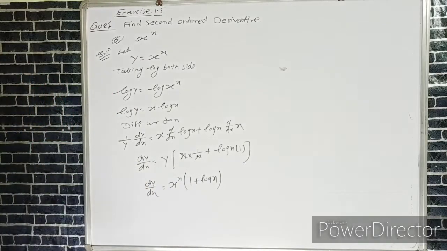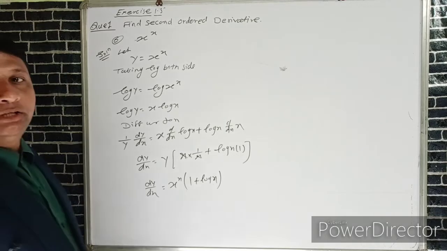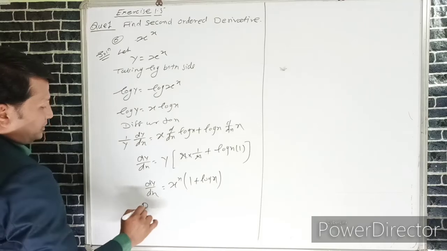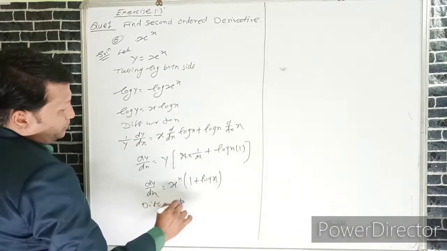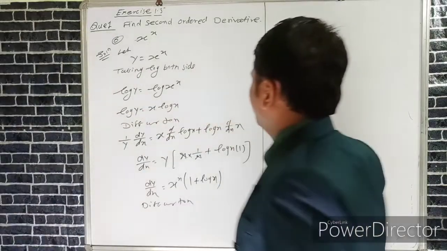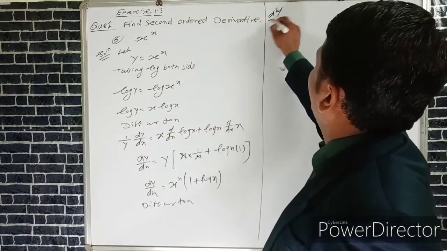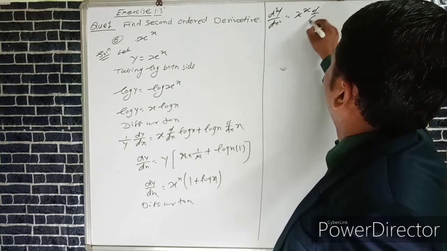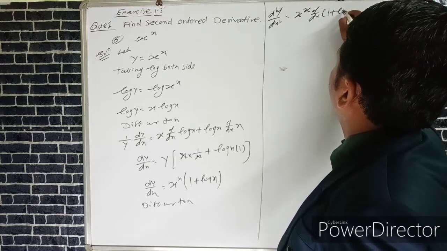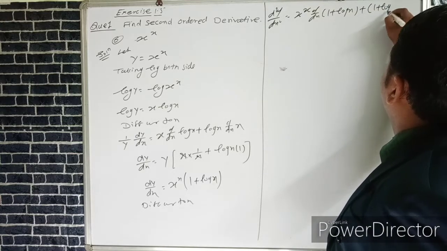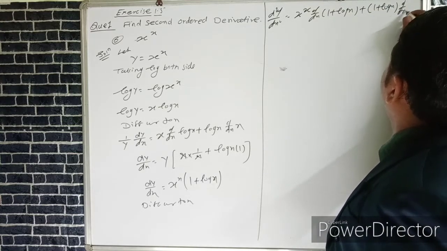But we have to find the second order derivative, meaning d2y upon dx square. So we again differentiate with respect to x, using the product rule u into v. d2y upon dx square is equal to x raised to the power x into the derivative of 1 plus log x, plus again 1 plus log x into the derivative of x raised to the power x.